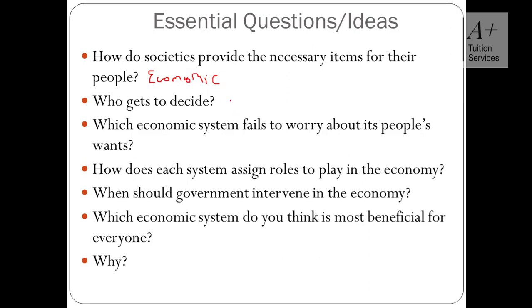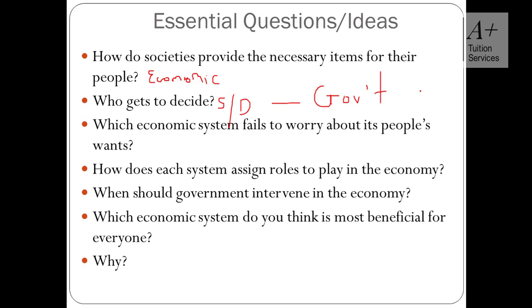Who gets to decide? It could be the forces of demand and supply, or the government. It really depends on the economic system. If you have a centrally planned economic system, we have the government. If we have a mix, we have the government and the forces of demand and supply.